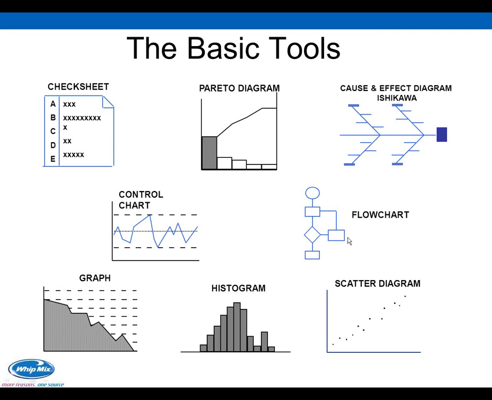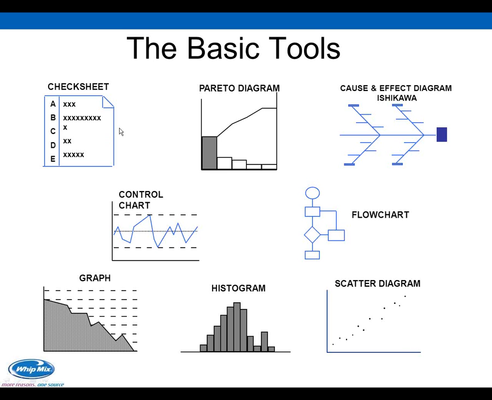So for example, on data collection, on the upper left, we have the check sheet. This can be something really simple. What data do we want to collect? So in the model department, we could identify the different steps, and maybe we want to look at the time for each step, or where we see defects in each step.